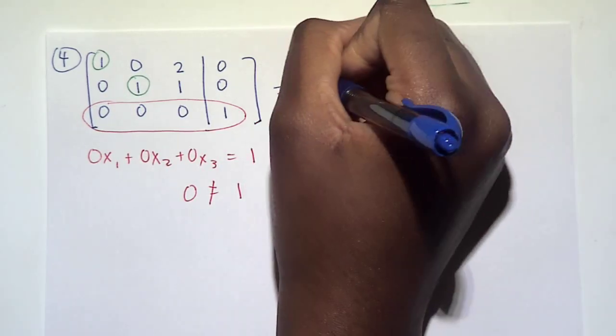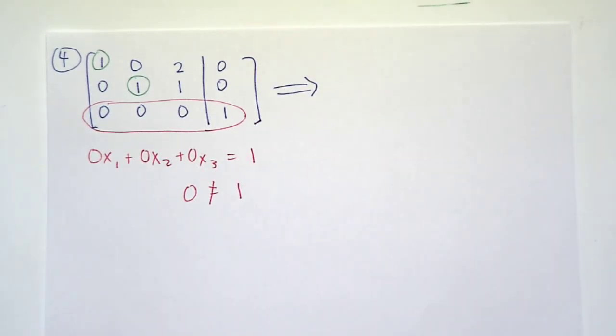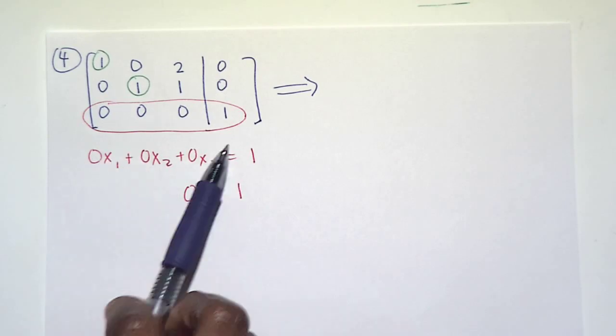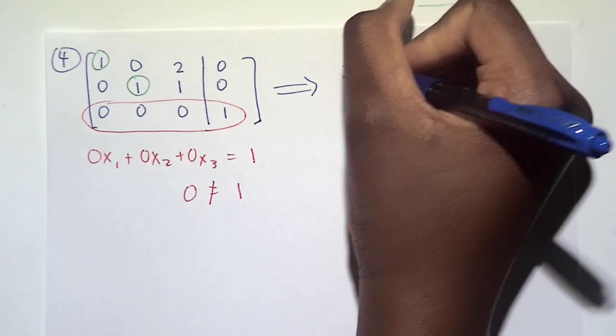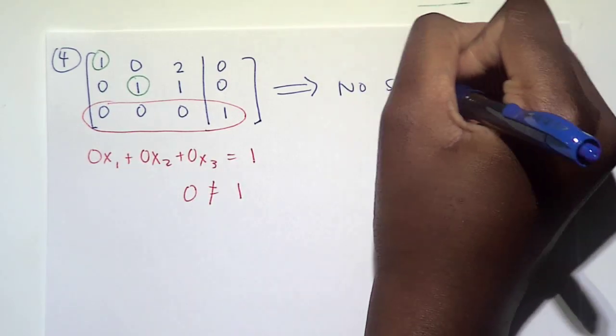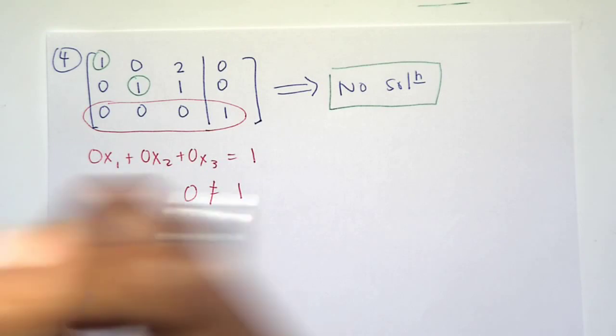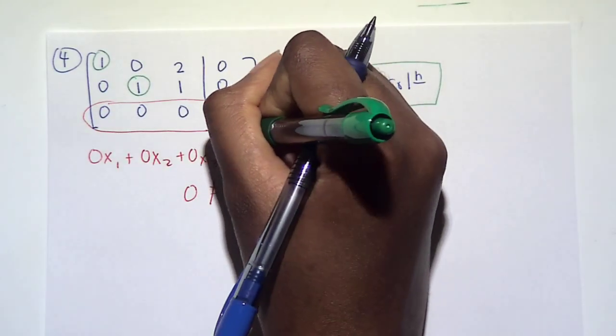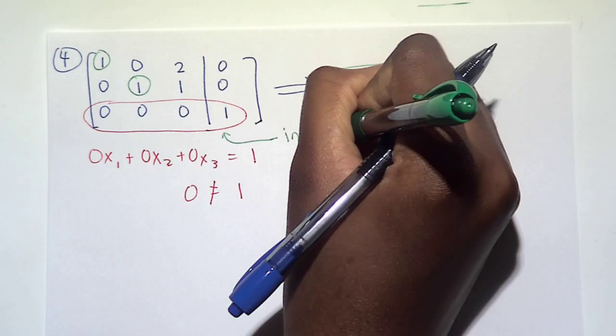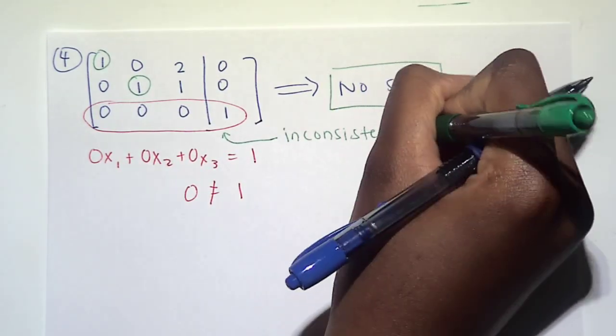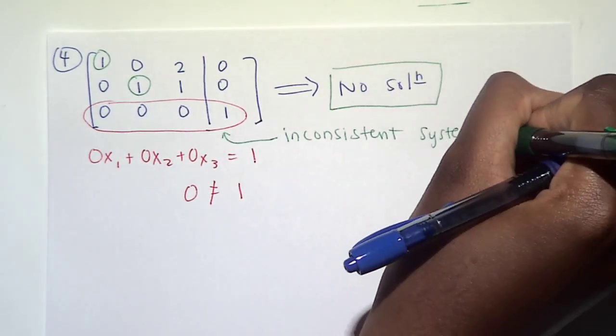All right, so that means we're never going to find a solution to this system because the system is inconsistent. So we would say, actually, there's no solution here. This is an inconsistent system.